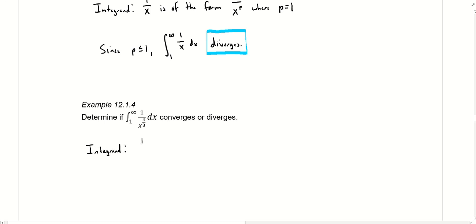So our integrand is 1 over x to the 4/3. And this is of that p-integral form, 1 over x to the p, where in this case p equals 4/3.